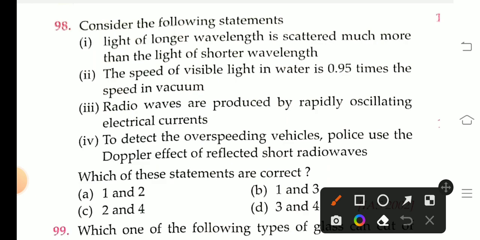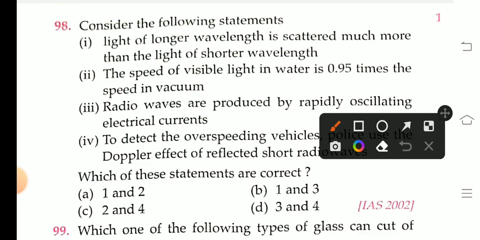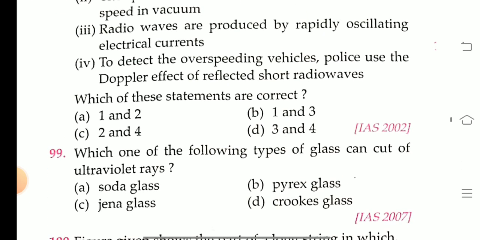Radio waves are produced by rapidly oscillating electrical currents. 4. To detect overspeeding vehicles, police use the Doppler effect of reflected short radio waves. Which of these statements are correct? 3 and 4 are correct. Right answer option D.